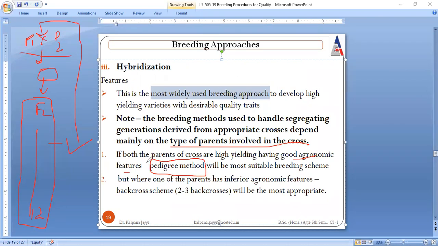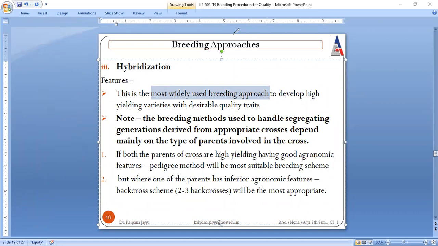But in case any one parent has inferior agronomic features, then we are going to use the backcross scheme, and the number of backcrosses that can be done is either 2 or 3, and this will be the most appropriate method for handling of segregating generation if any one parent has inferior agronomic features. So this is about hybridization.